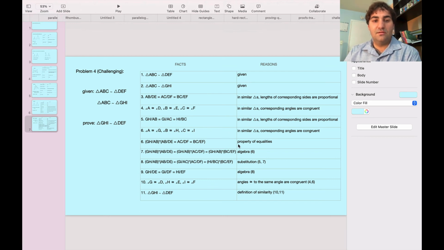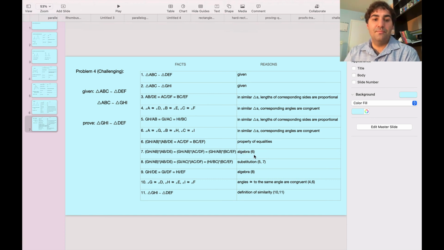So I'm going to use a little trick using the property of equalities. I can multiply the equality in 3 by GH divided by AB, and I'm going to distribute it. So you get GH divided by AB times AB divided by DE is equal to GH over AB times AC divided by DF, and then the last term, right?